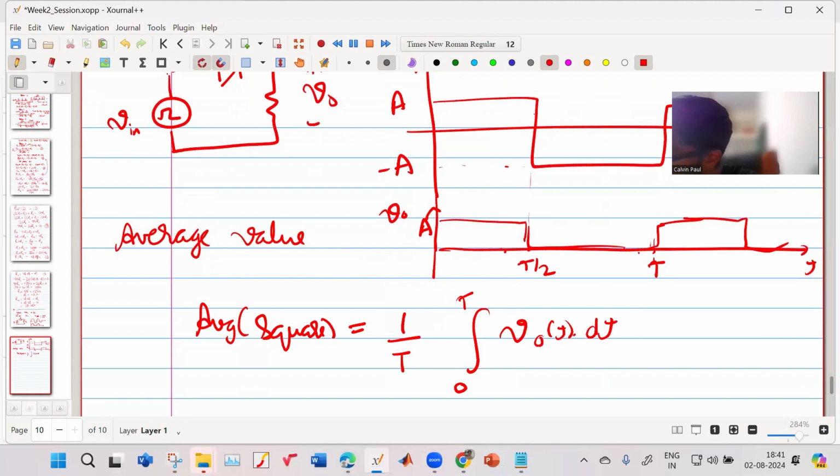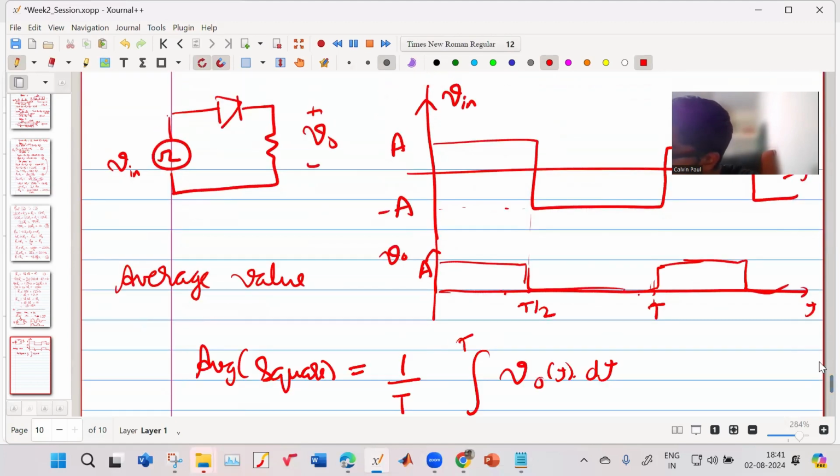Okay, this is the standard formula. Now what is my V output of t? My V output of t is equal to A when t is less than T by 2, and is equal to 0 when t is between T by 2 to T. Okay, so this is how my V output of t is.